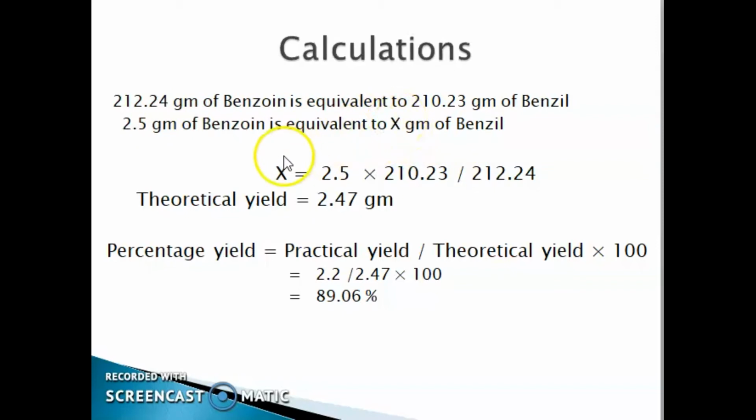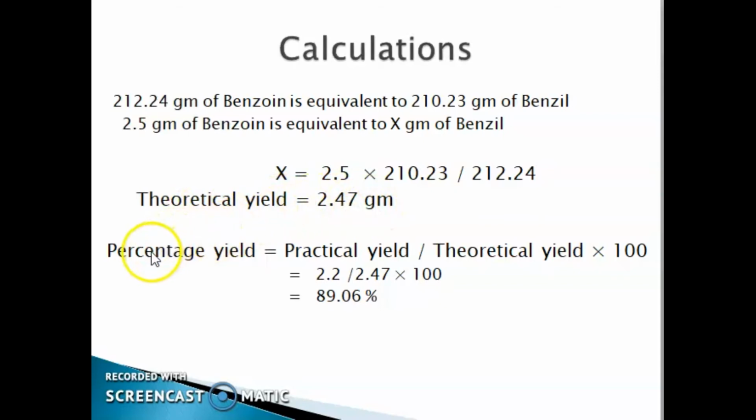To calculate x, we just cross multiply these values. So 2.5 into 210.23 divided by 212.24. By calculating this, we get 2.47 gram. So our theoretical yield is 2.47 gram.